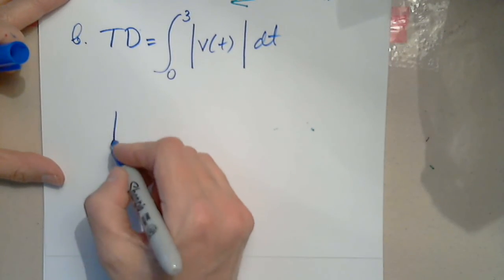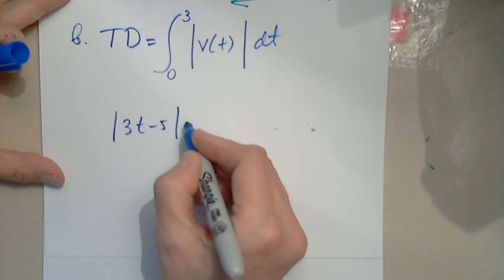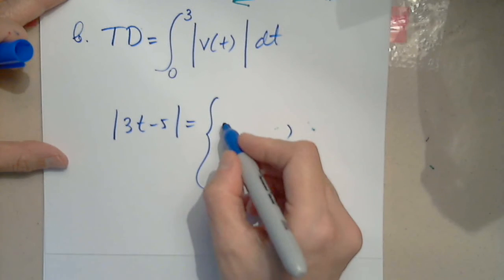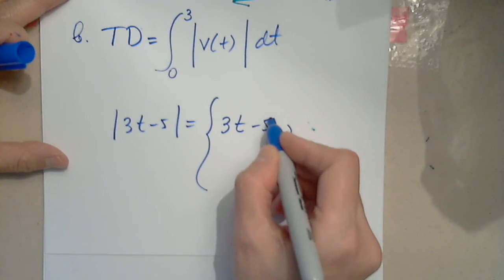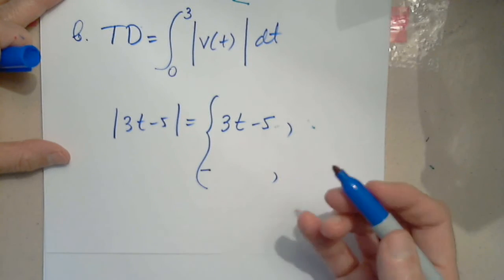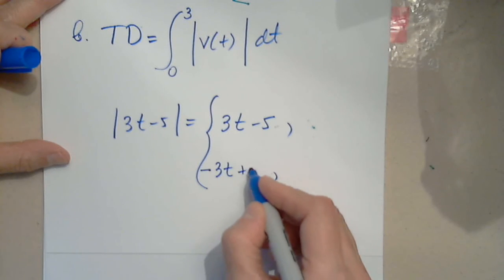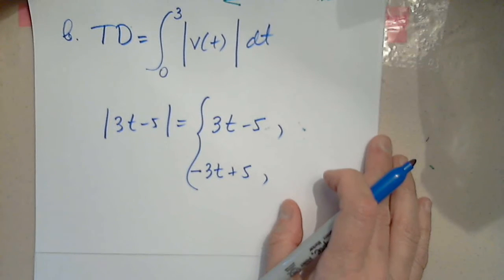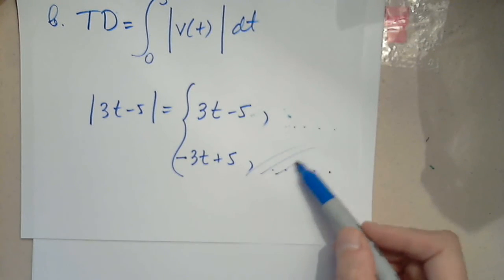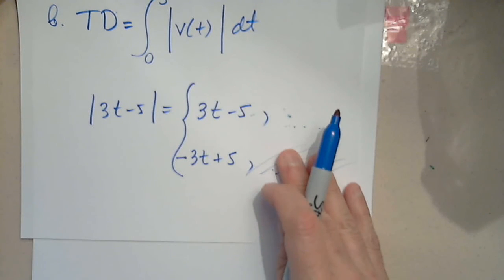Okay, so we have 3t minus 5 in absolute value. And yes, as we know, there are two possibilities. One possibility is 3t minus 5, and the other possibility is the opposite of 3t minus 5, which is negative 3t plus 5. But this is very important, and I will never solve this one, ever.